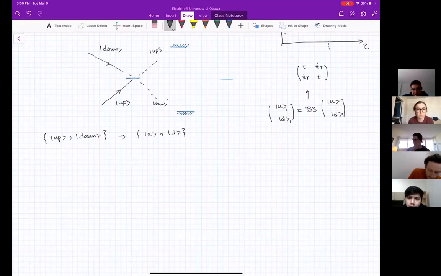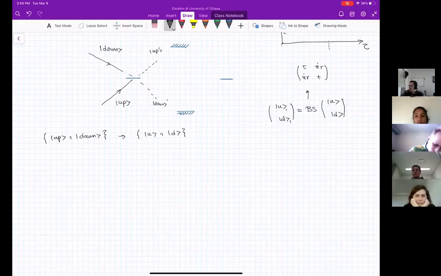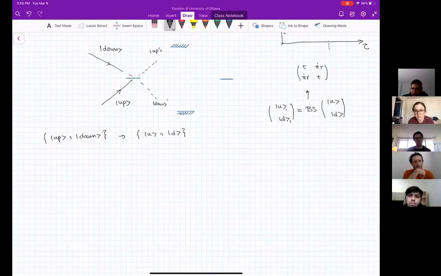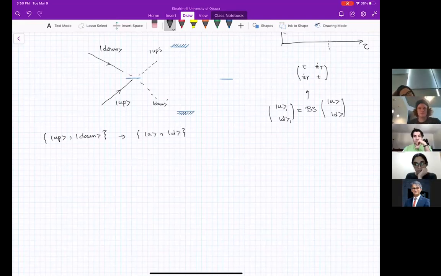What is the action of mirrors? Isn't it a reflection, a pi over 2 phase? Pi over 2 phase. That's all? I think someone else spoke up. Who was it? Change the K vector. What do you mean?